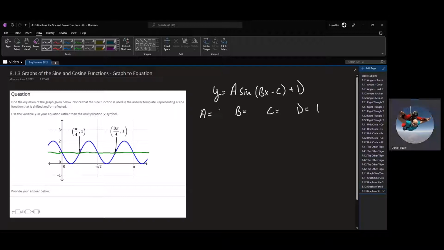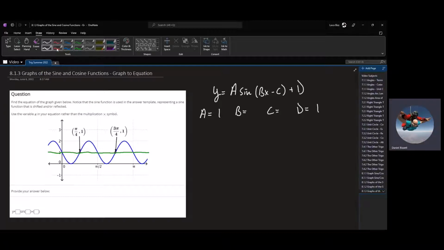So we know our amplitude is 1. And we know it's a positive 1 because it starts at the midline and goes up to its maximum. If it was a negative 1, it would have started at the midline and then went to the minimum first. So we know it's a positive 1.